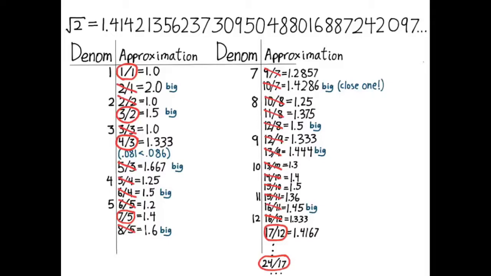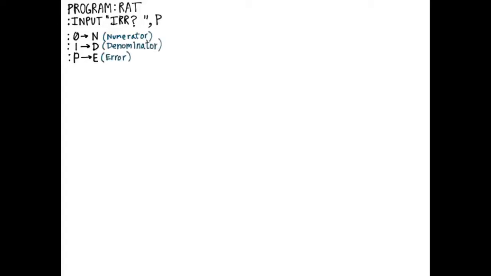automatically. For example, if you have a TI-83 or 84 calculator, you can enter programs such as this. Prompt for the value of p, the irrational number. Initialize some variables: numerator, denominator, the error, and then begin the loop part of the program.